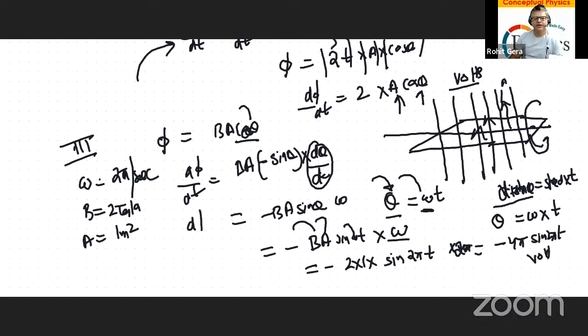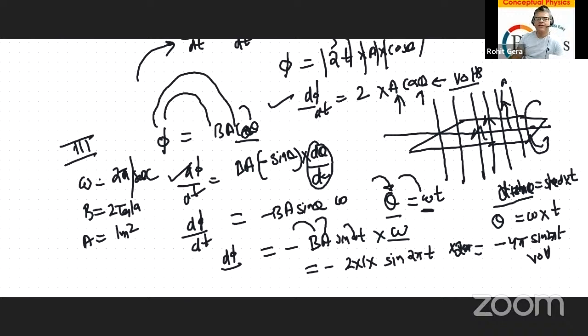The induced EMF is being calculated. All these induced EMFs come out in volts as answers. So the Faraday law is what we are only using. But where is the lever to produce d phi by dt? Either we vary the magnetic field, or we vary the area, or we vary the angle between B and A. All these three result in production of an EMF.